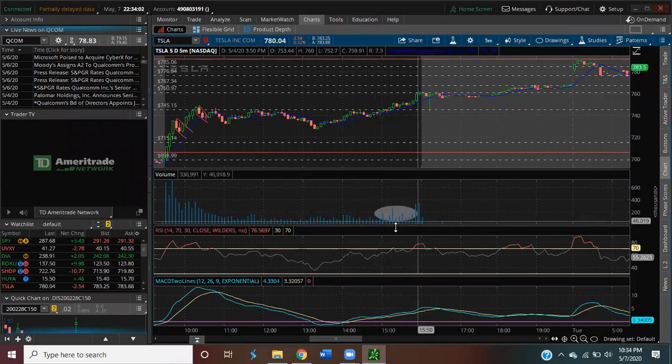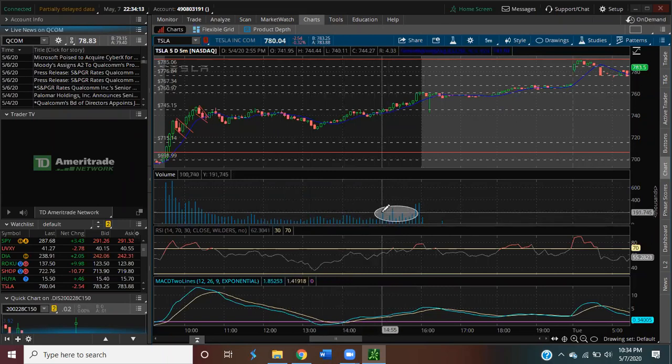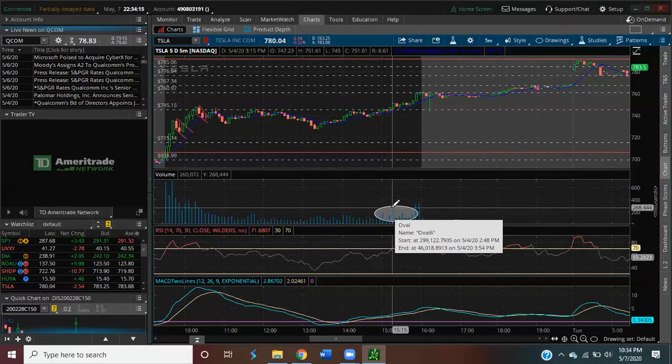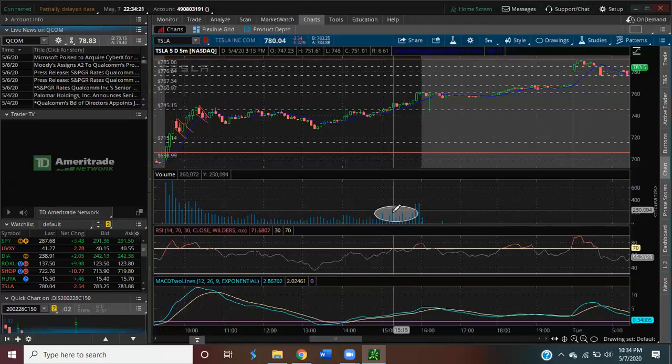Now look at this volume compared to this volume over here. It's going to be less volume in the middle of the day, but this type of volume is the same amount of volume that you were seeing at 10 o'clock. So this would have been your definite sign that people are buying this up. Maybe I can get back in.